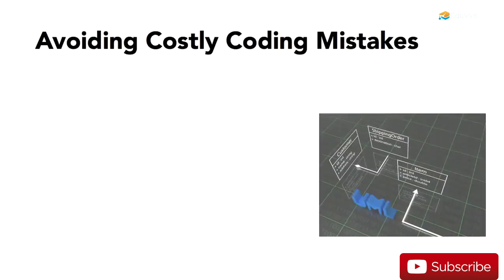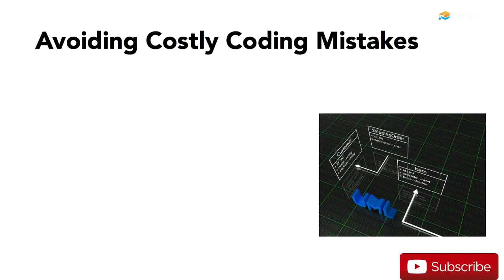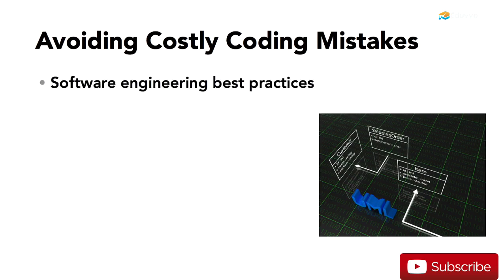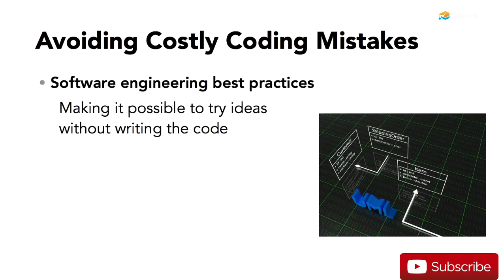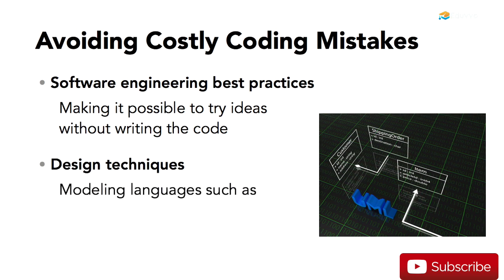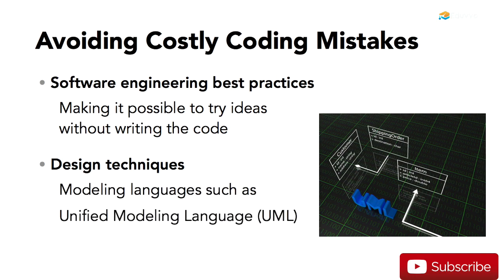To avoid this very expensive trial and error process, good software engineering mandates design, which allows software developers to try various coding possibilities without actually writing the code. There are a number of design techniques widely used in the software engineering industry, including modeling languages dedicated to the design process, such as Unified Modeling Language or UML.